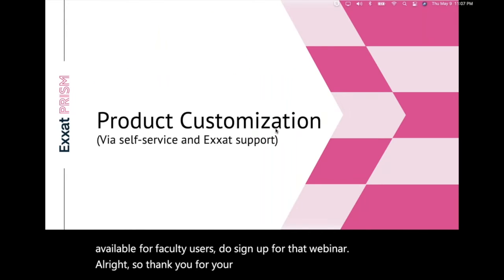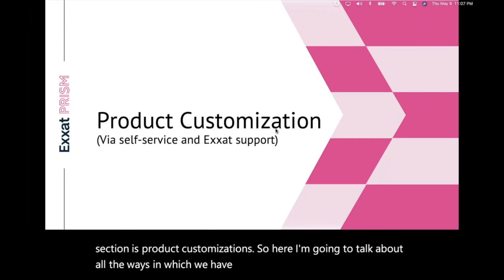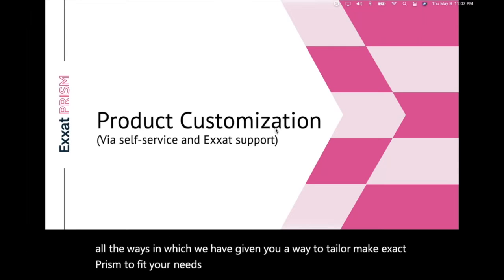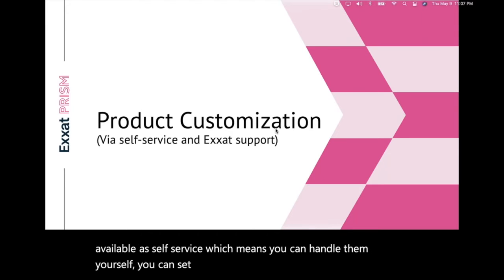We'll continue. The next section is product customizations. So here I'm going to talk about all the ways in which we have given you a way to tailor-make Exxat Prism to fit your needs, right? So some of these customizations are available as self-service, which means you can handle them yourself, you can set them up yourself, you are not dependent on us.